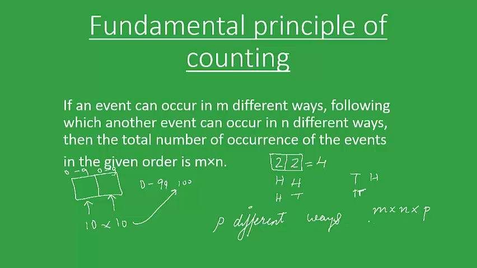Similarly, for more than 3 events, it will simply be m into n into p into q into r and so on, where m, n, p, q are the respective ways of the events occurring.